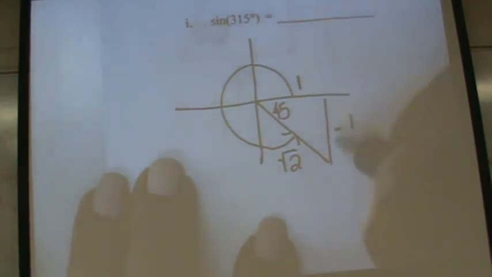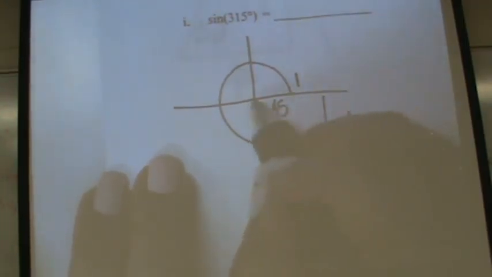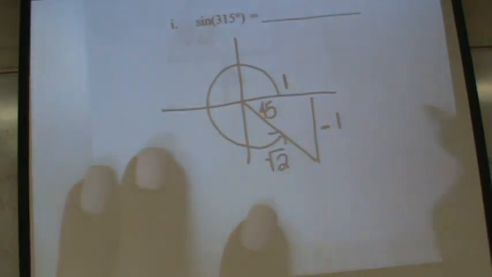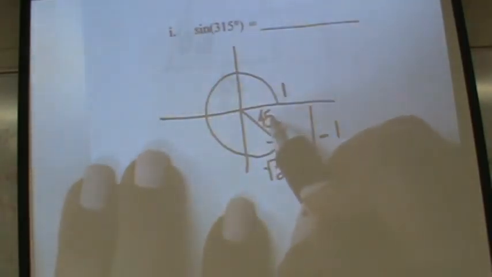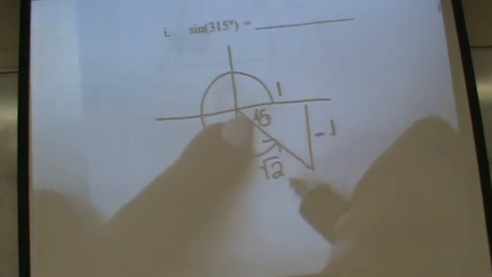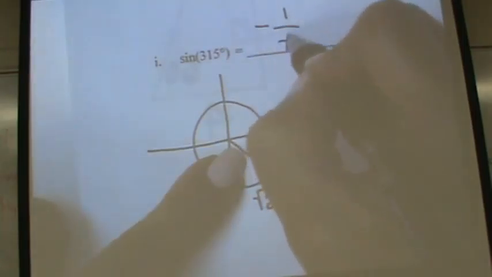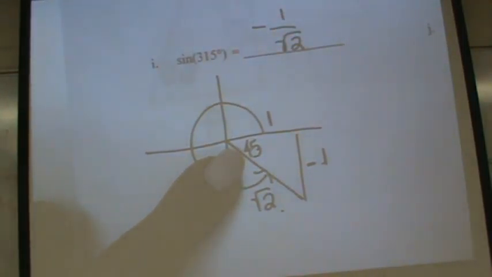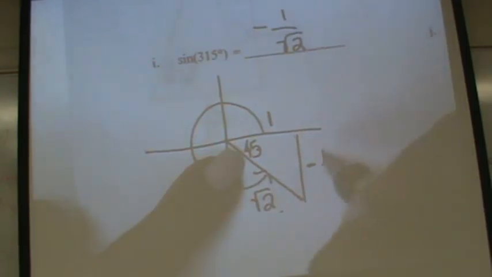Why did I call this negative 1 and this positive 1? Because in quadrant 4, the y value is negative. What's the definition of sine? Opposite over hypotenuse, so this would be negative 1 over root 2, and you get negative root 2 over 2.